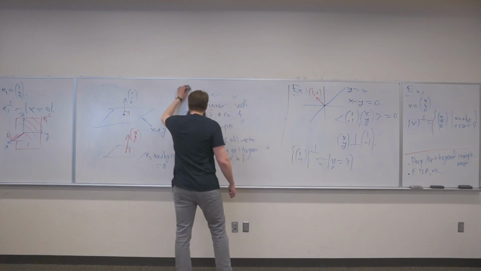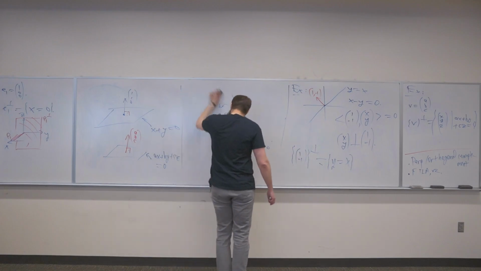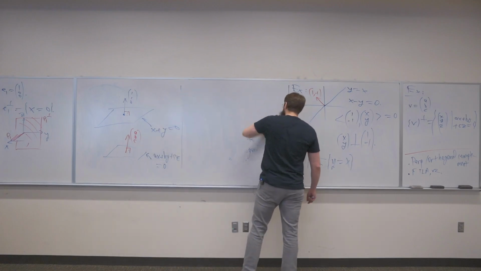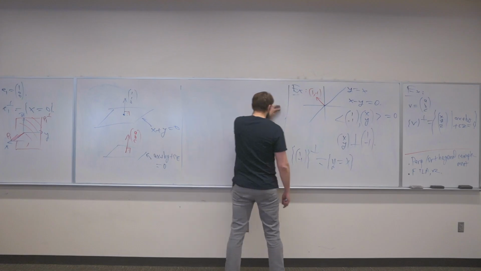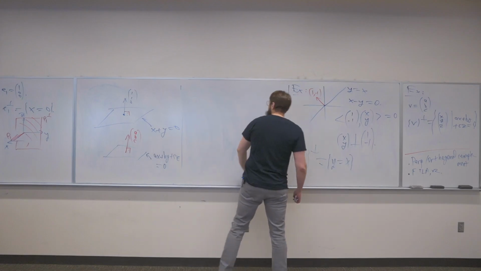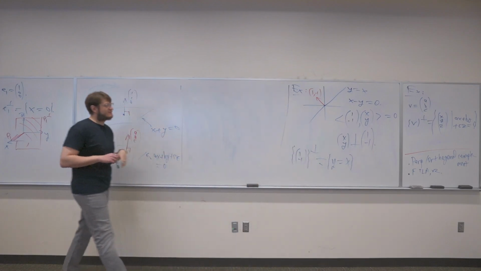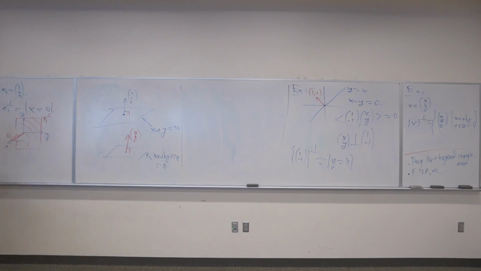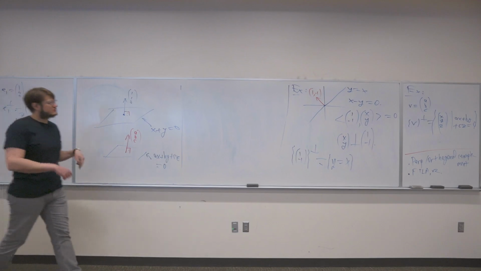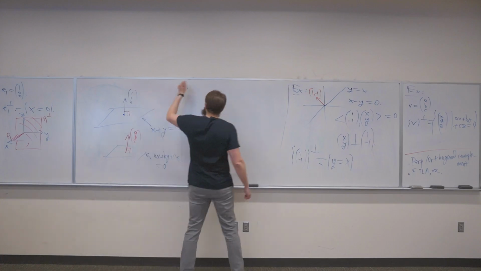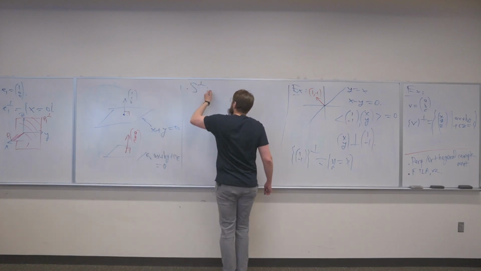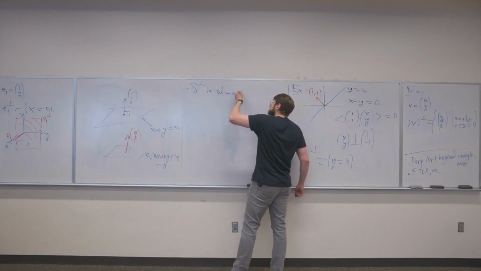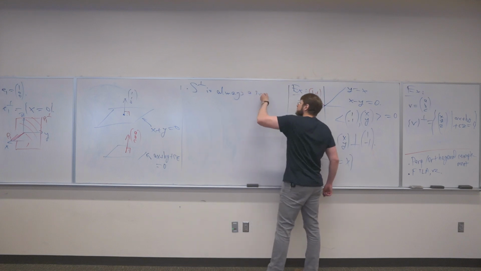A couple of statements. No matter what the set S is, the moment you switch over to S-perp, it's going to be closed under linear combinations. So S-perp is always a subspace.